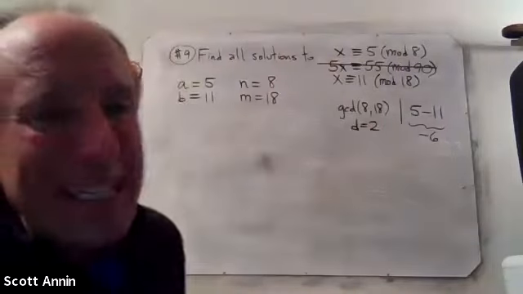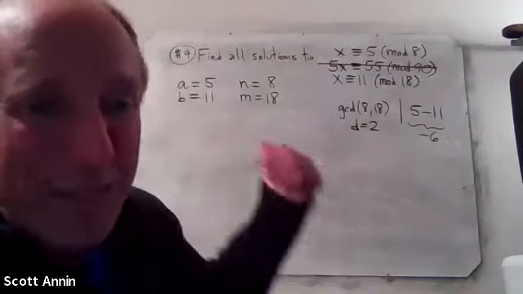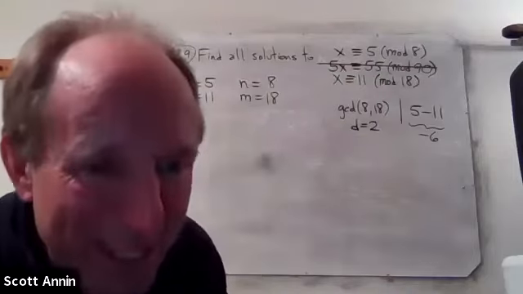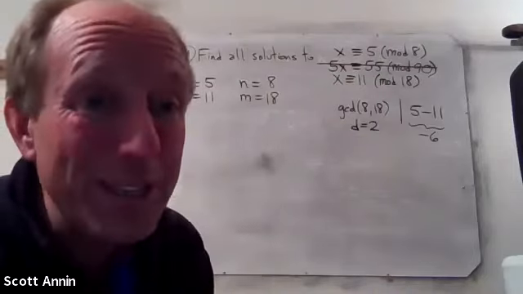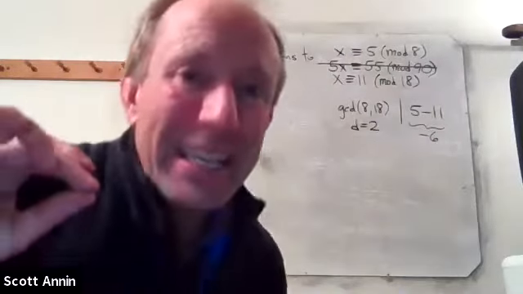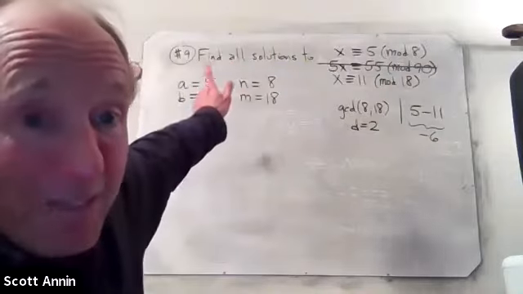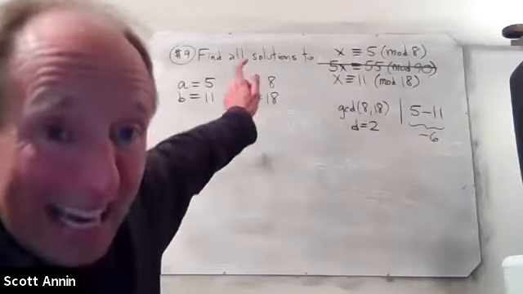And honestly, we didn't get a lot of practice on this in the homework. That's why I did one of these last night, and I'm doing another one tonight, because I do intend to put this on the test. So be very diligent in keeping straight which variables go where. So the A is 5, the B is 11, the N is 8, the M is 18.